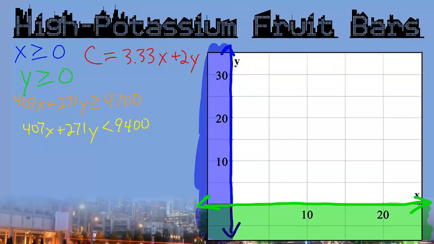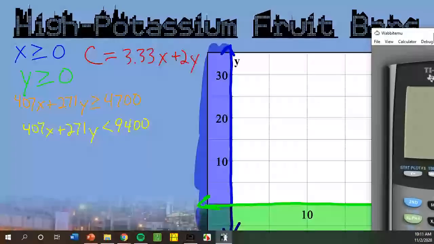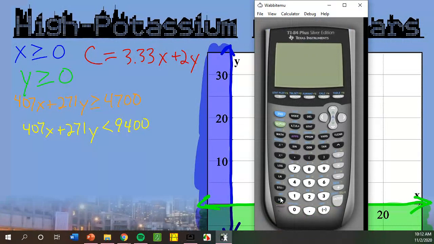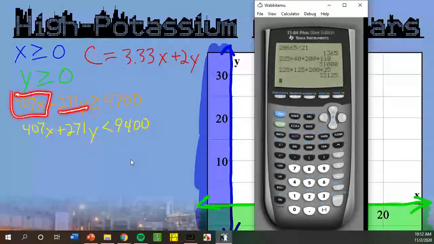Now here's what we're going to do. We're going to plug in 0 for x, and that will give us our y-intercept. So I'm just going to use my calculator here. If I plug in 0 for x, then this becomes 0, and I just need to divide both sides by 271.